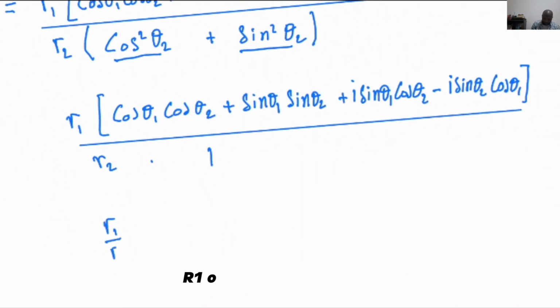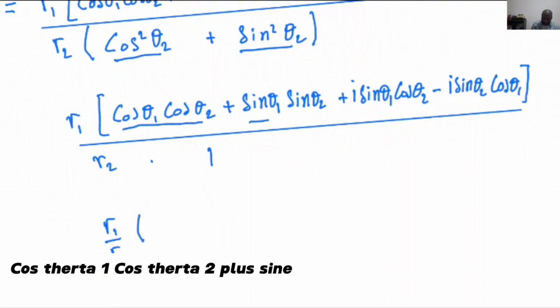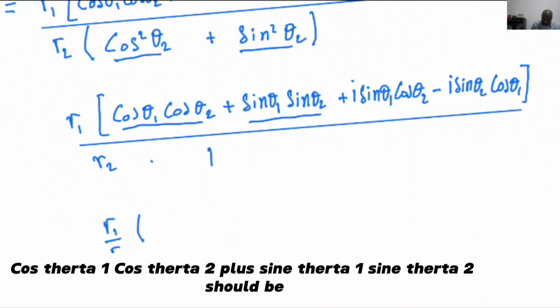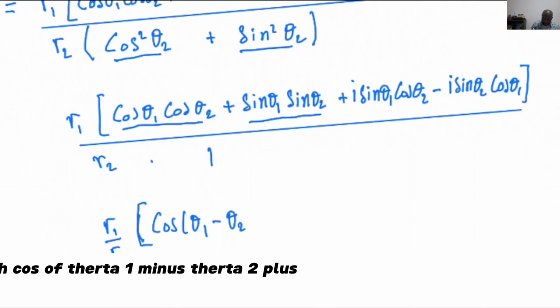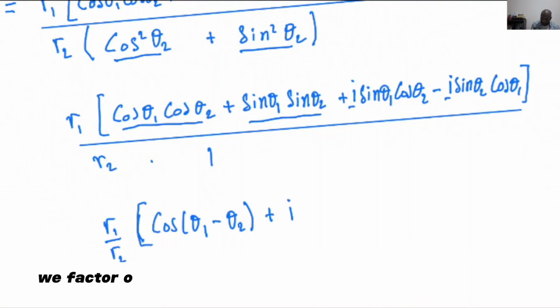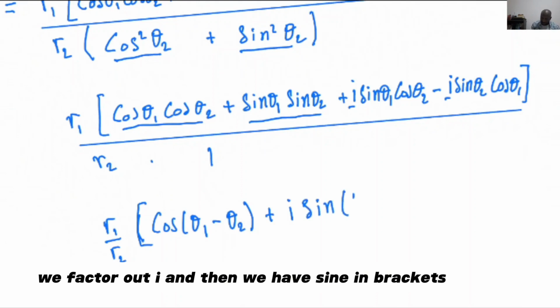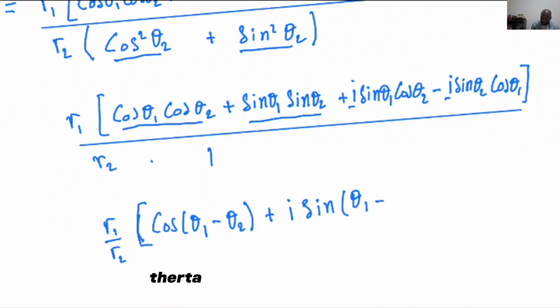r1 over r2 into cos theta 1 cos theta 2 plus sine theta 1 sine theta 2 should be cos of theta 1 minus theta 2 plus i. So the common factor is i. We factor out i, and then we have sine in bracket theta 1 minus theta 2.